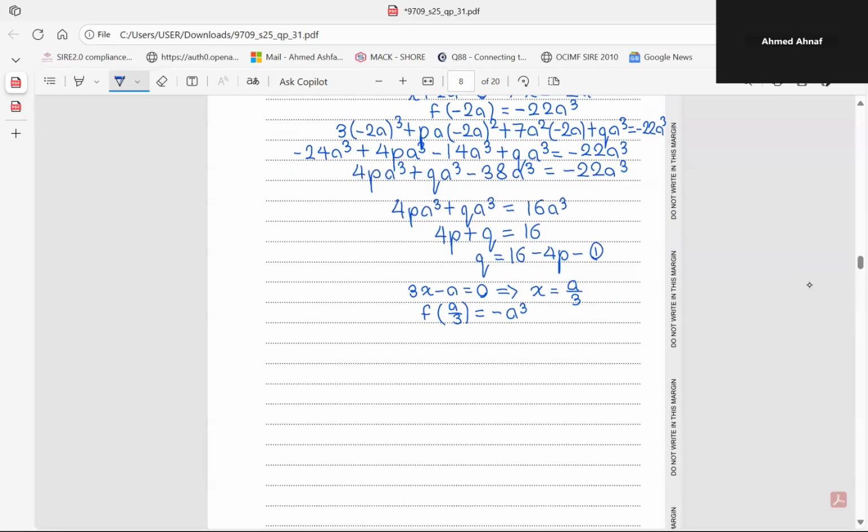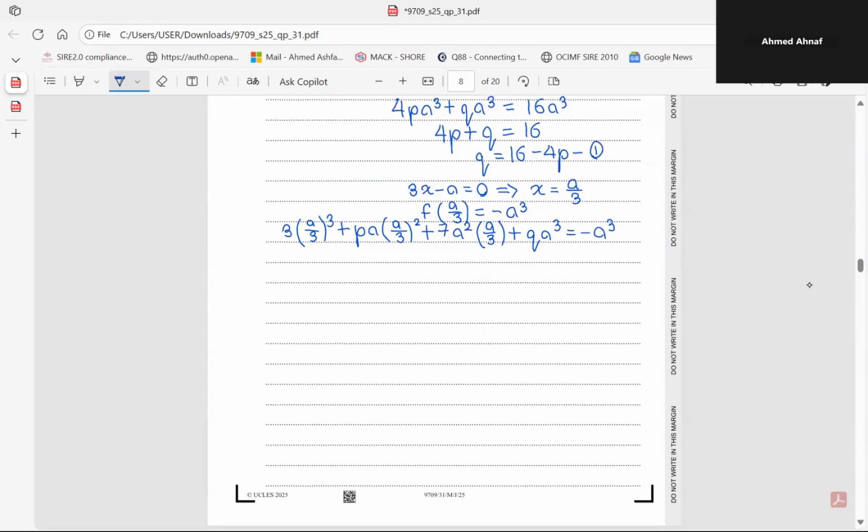So let's do that: 3 times (a over 3) cubed plus p times (a over 3) squared plus 7a squared times a over 3 plus qa cubed equals minus a cubed.